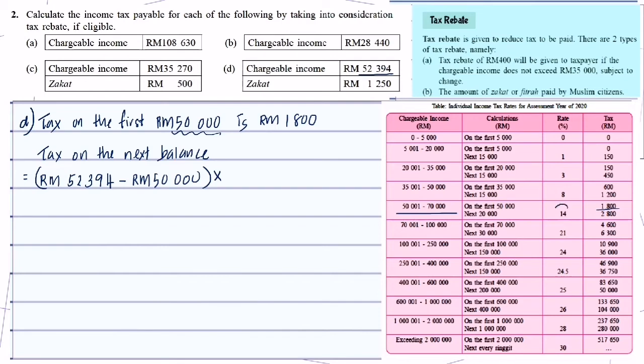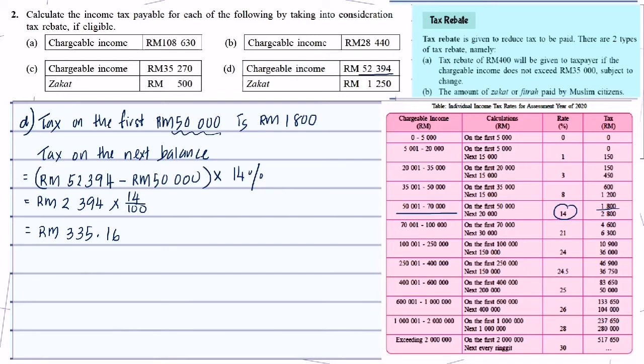Refer here, 14%. So equals RM 2,394 times 14% equals RM 335 ringgit 16 cents.